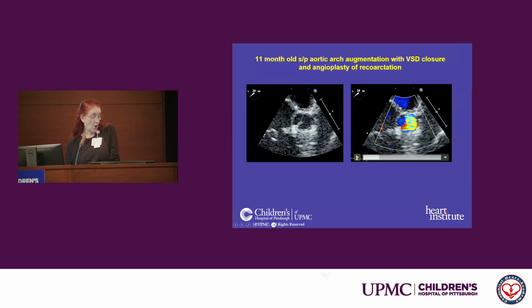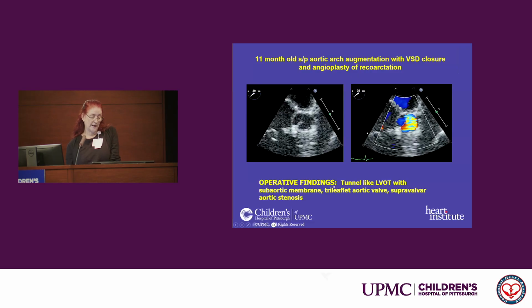So based on our imaging preoperatively, we had thought that there was tunnel muscular subaortic stenosis, there was subaortic membrane, there was a hypoplastic aortic valve annulus, and we were suspicious there might be some problems higher up in the ascending aorta. And the operative findings showed tunnel-like LVOT with subaortic membrane, tri-leaflet aortic valve, supravalvular aortic stenosis. So again, showing problems with sort of all levels of the aortic root.